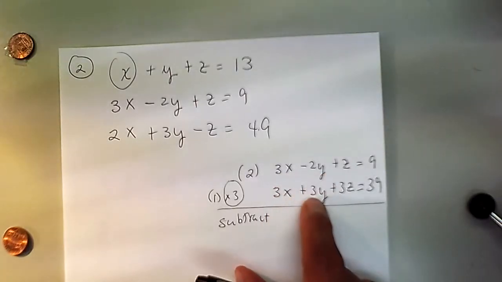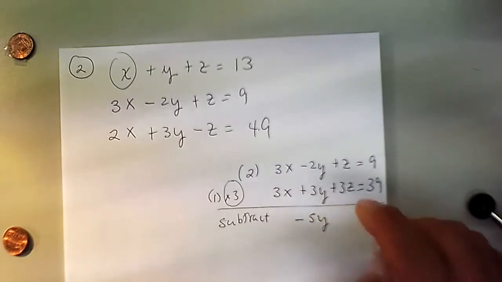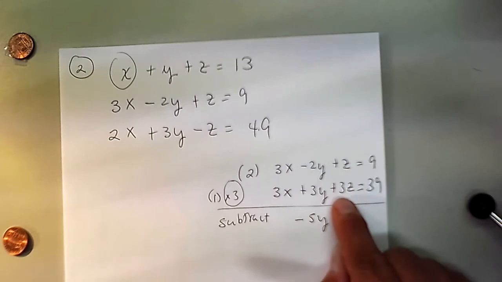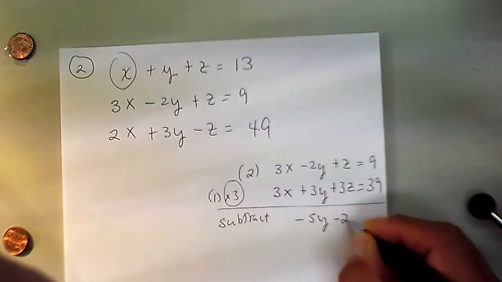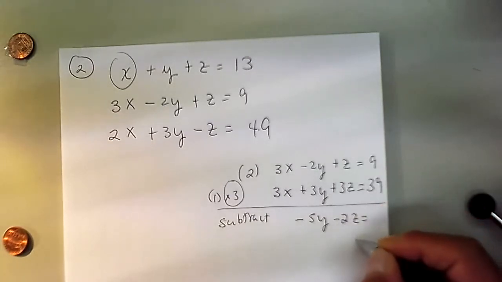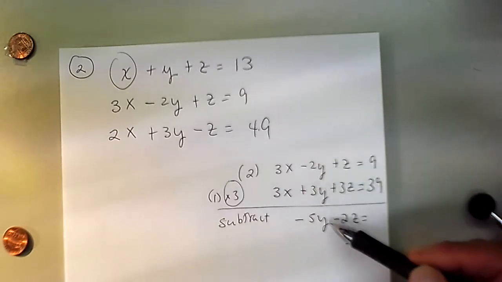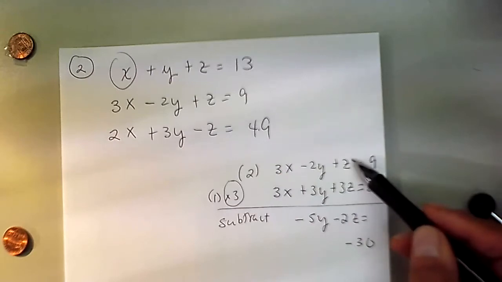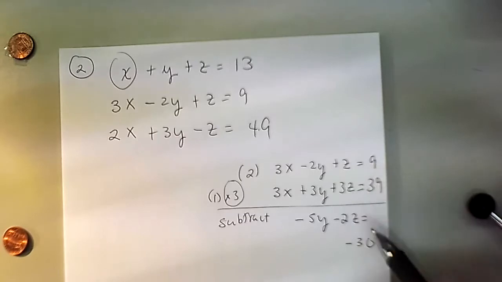Negative 2y minus 3y is negative 5y. z minus 3z is negative 2z equals 9 minus 39 is negative 30. Let me double check. 1 minus 3. Yep, so everything turns out to be negative.